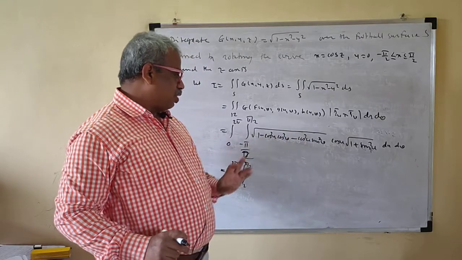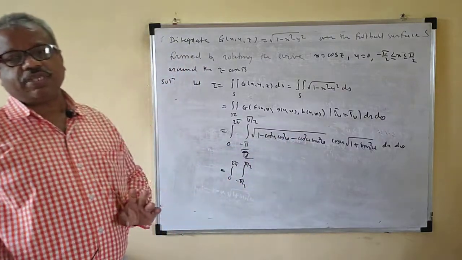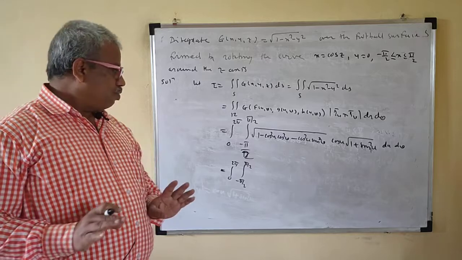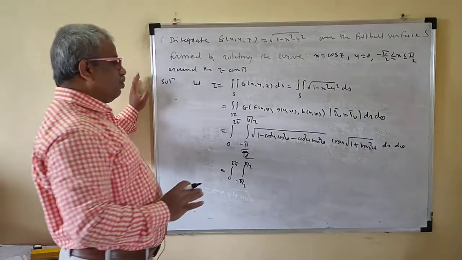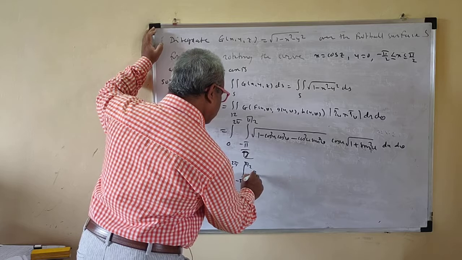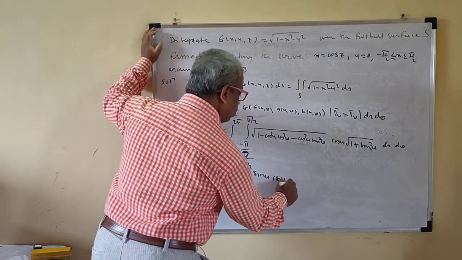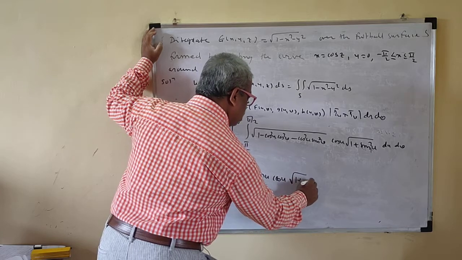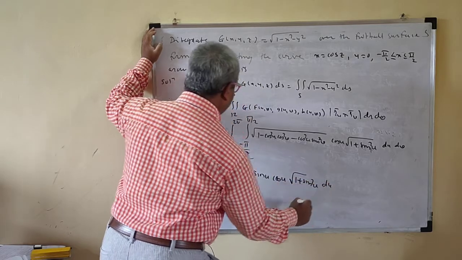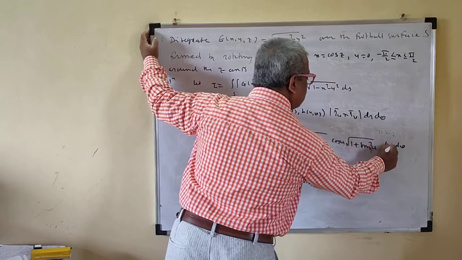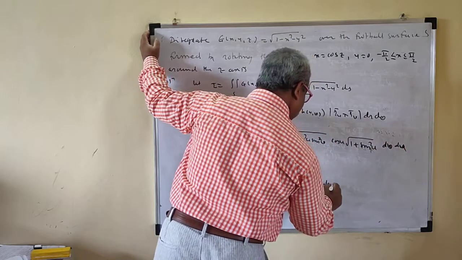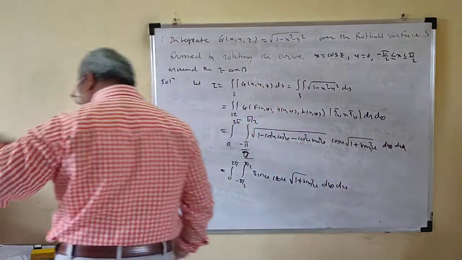So this is 1 minus cos square u, but 1 minus cos square u is nothing but sin square u. Okay, and root of sin square u is sin u. Okay, so this is sin u cos u into root of 1 plus sin square u du dv.